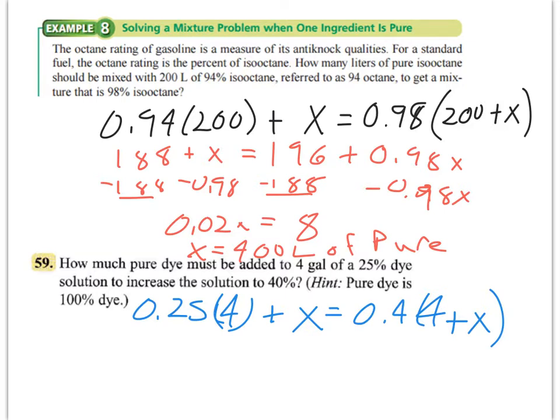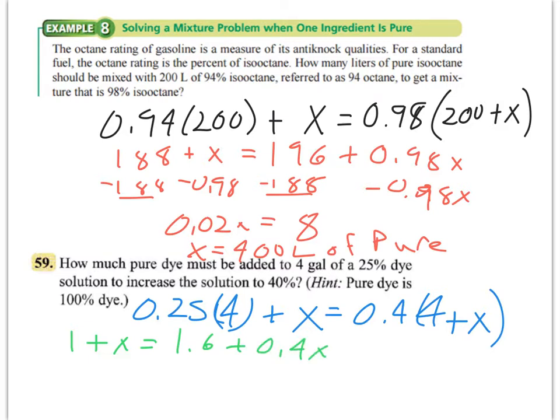Again, we would simplify both sides. 25% of 4 is 1, so 1 plus x equals 0.4 times 4, which turns out to be 1.6, plus 0.4x.